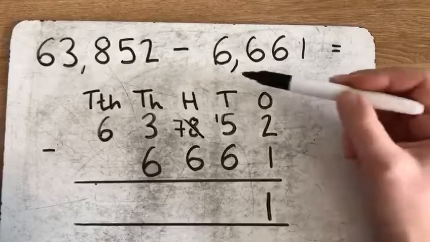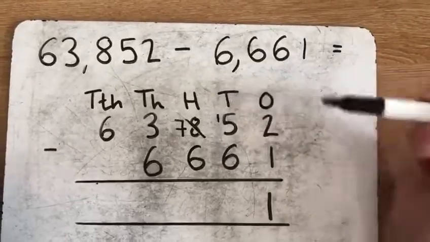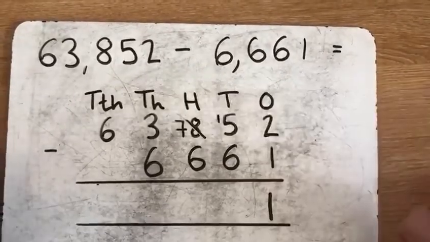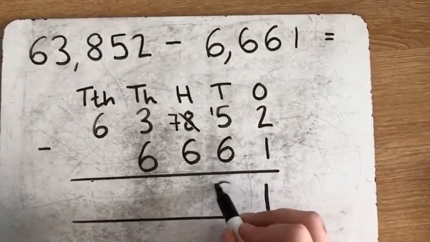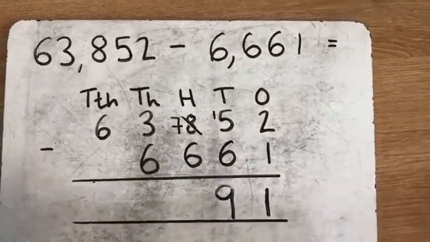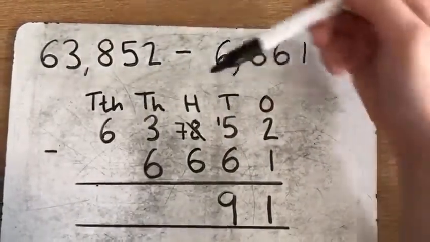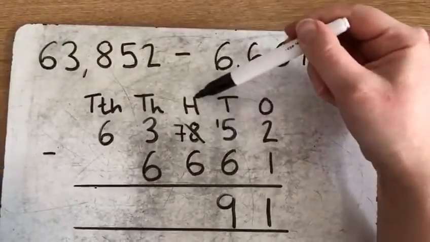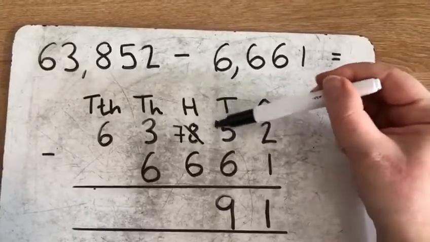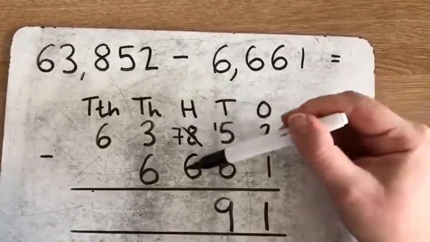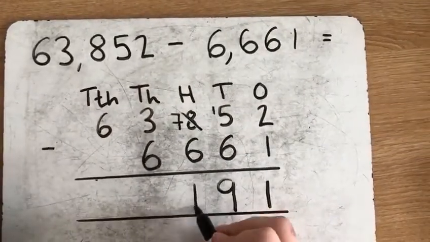But to simplify it, because I'm working in columns, I can read that as 15 take away 6. Now 15 take away 6 is 9. I can now move on to my hundreds column. I've now got 7 because I used 100 over here. So I've got 7 take away 6, which is 1.